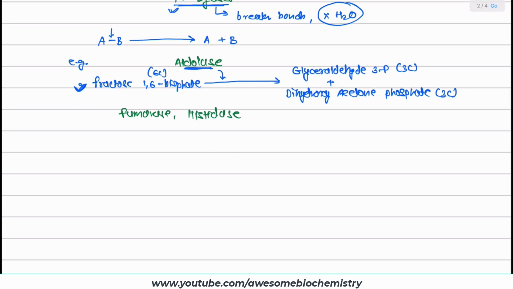Now let us look at class number 5, that is isomerases. Just like any other class, whose names are self-suggestive, this class's name is also self-suggestive. We know about isomers, right? Isomers have the same molecular formula, but their molecular arrangement is different.